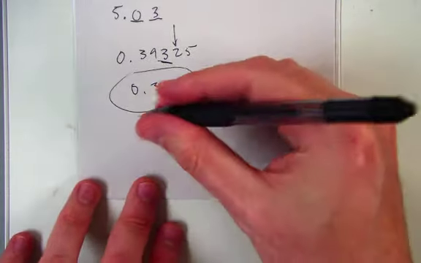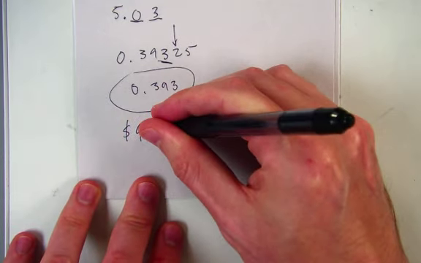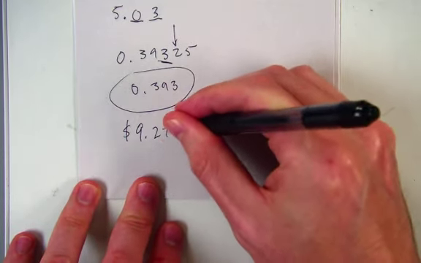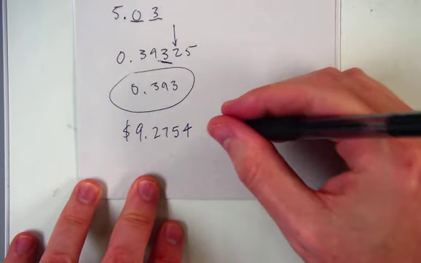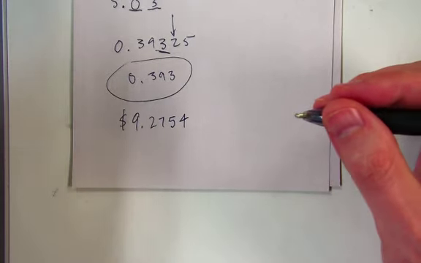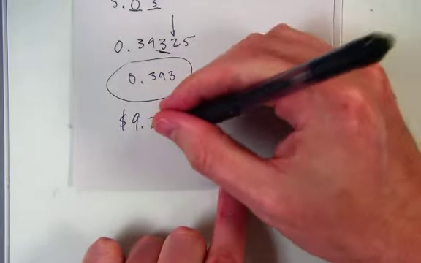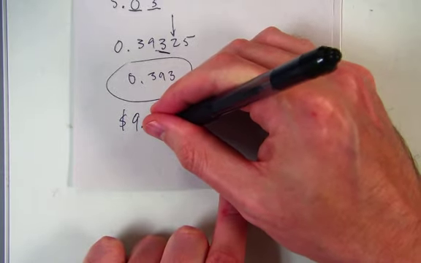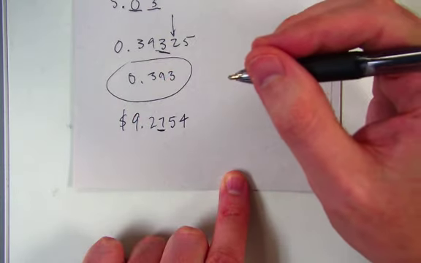Okay, let's do another one. Let's round this to the nearest cent. This is a money application of this, and this is something that's pretty common to see in businesses. You have to round off to the nearest cent, so you've got to find that cent spot, which is the 2 spots after the decimal.